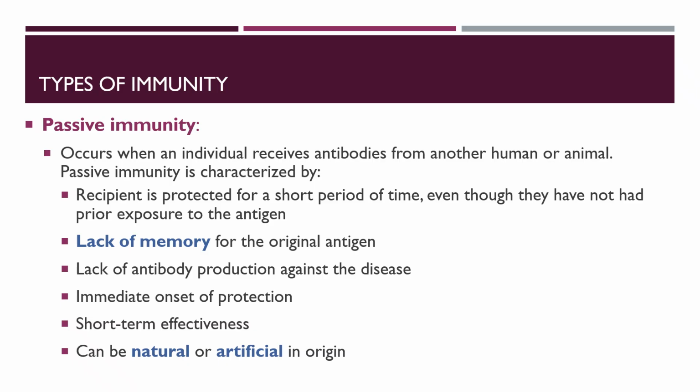So they give you the antibodies so that you have a bridge until your own immune system has time to make them. All right. That's considered passive because you're not making them right away. We're giving you what you need so that you can fight the disease or the illness without getting too sick.